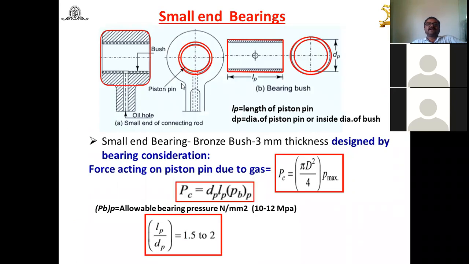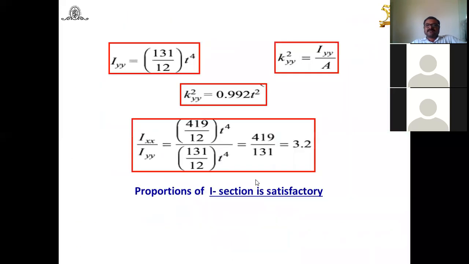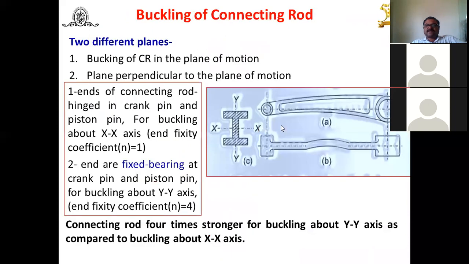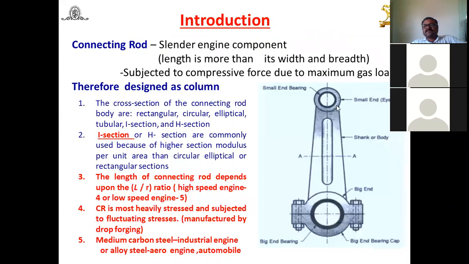Now let us see another. That means we can easily find out the dimensions of the I section, and again the varying dimension from the small end to the big end. Now let us see again here, in construction, as I have already told, in the first diagram it consists of the small end and large end. Here in the small end, this part is fitted with the piston pin or gudgeon pin.